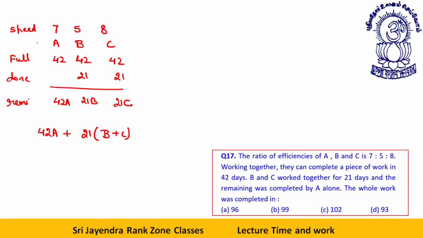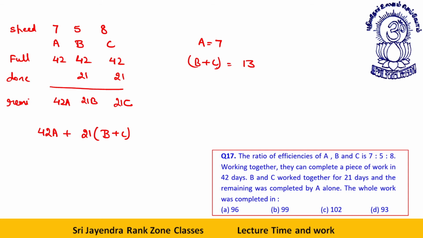See, A is 7, B is 5, C is 8. B plus C is how much? 13. Okay, A is 7 and B plus C is 13.